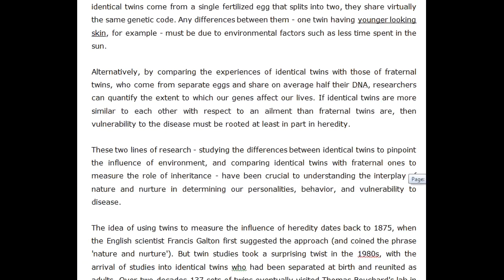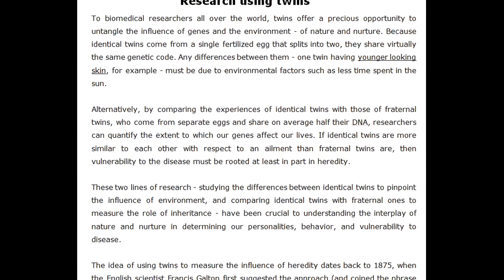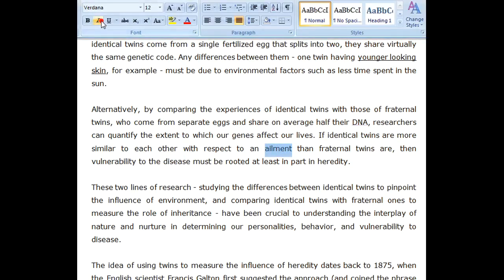So I'll go ahead from here. We will start looking for the keyword in the second paragraph. Certain illness, we are looking for certain illness. Ailments, right? So we got illness. Illness means some kind of illness, so that's our keyword.